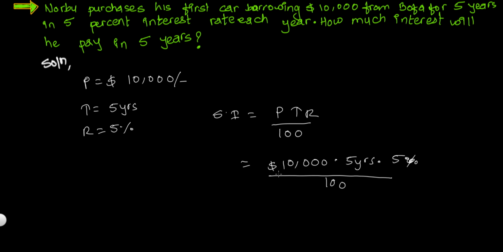Now if we multiply 10,000 times 5 over 100, 100 times 5 is 500, times 5 is 2500. So our interest will be 2500. So Norbu has to pay 2500 as simple interest to Bank of America in 5 years.